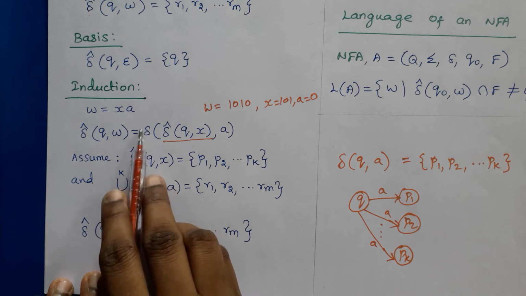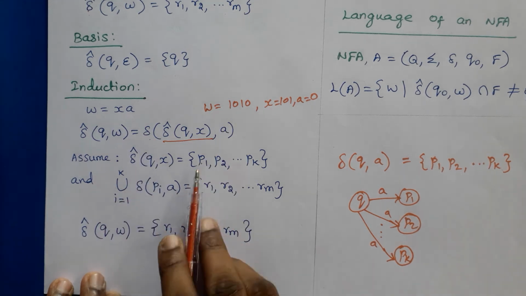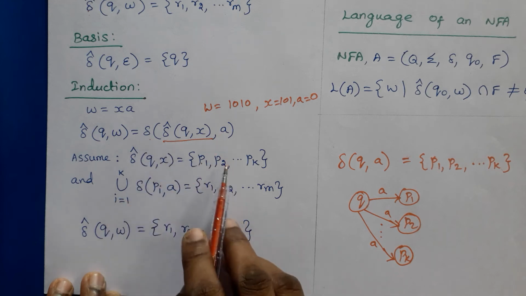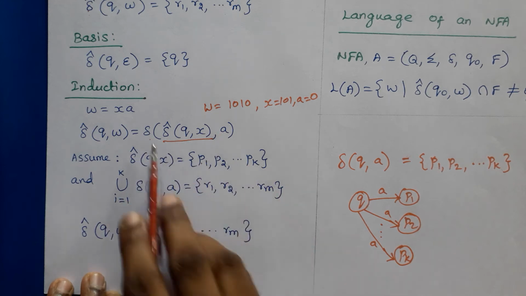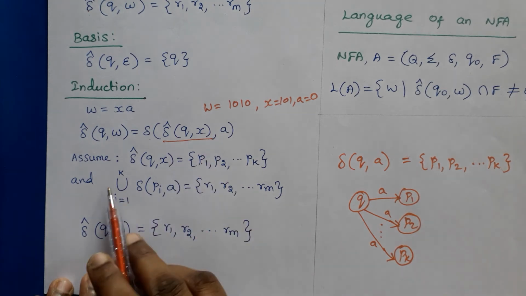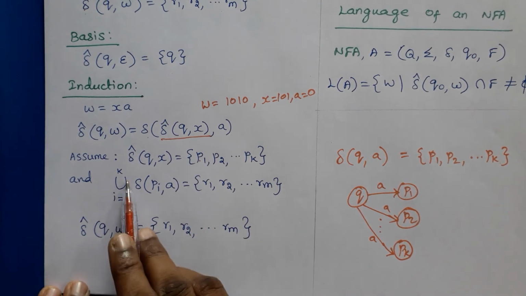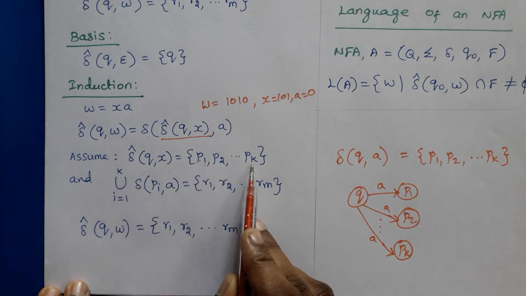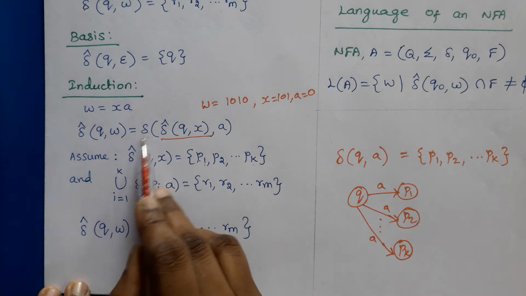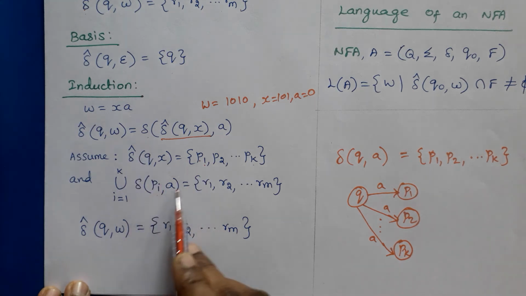Then we have to find delta of p1 comma a union delta of p2 comma a union delta of p3 comma a up to delta of pk comma a. So this can be written with the union operator: union i equals 1 to k delta of pi comma a, right?